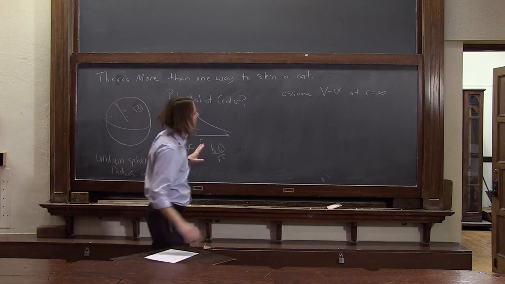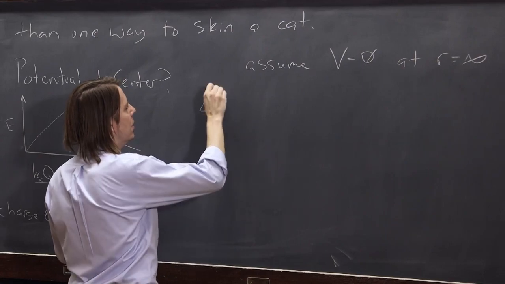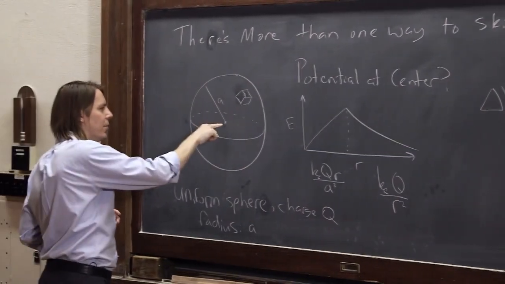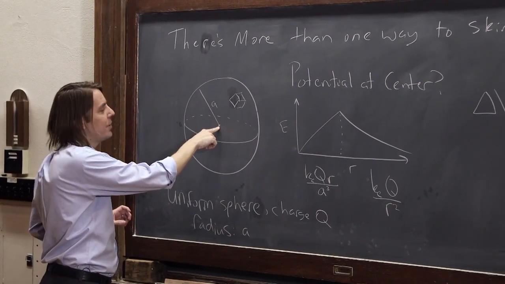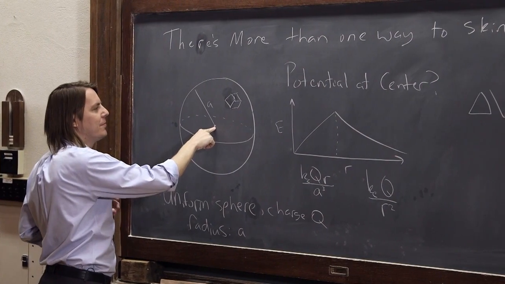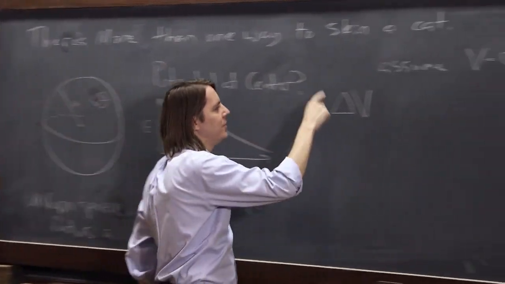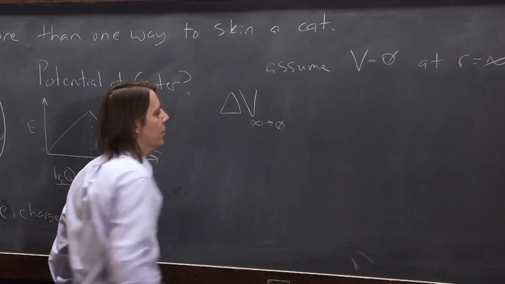So what we want to do is get the delta V going from infinity to r, or to the point we care about, the center, because we're trying to find the potential at the center. And if it's a difference, it's the final minus the initial. So delta V from infinity to 0 is what we're going to do.